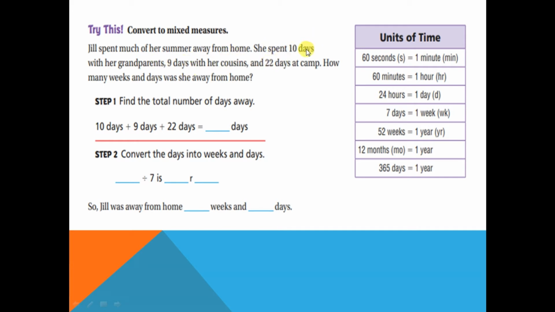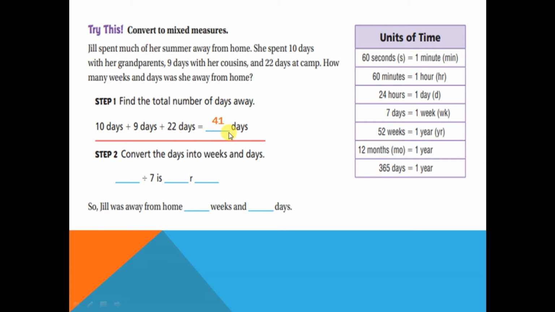First 10 days at her grandparents' home, then 9 at her cousins' home, then 22 at camp. So let's add them together. 10 plus 9 is 19, plus 22 is 41 days.